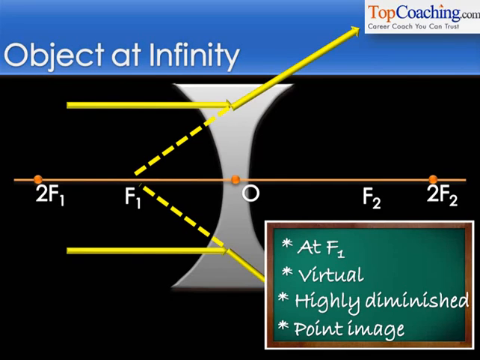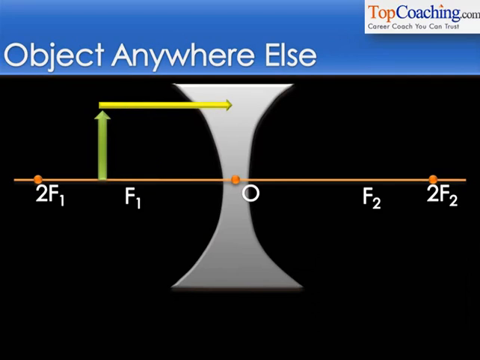What if the object is not at infinity, but it is at any other point? No matter where the object is, a similar image is formed in the case of a concave lens. So I am randomly placing the object between f1 and 2f1. Now I have to take two rays from the object and see where these rays meet, or where they appear to meet when extended backwards.